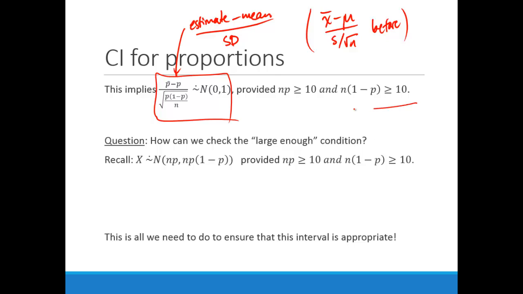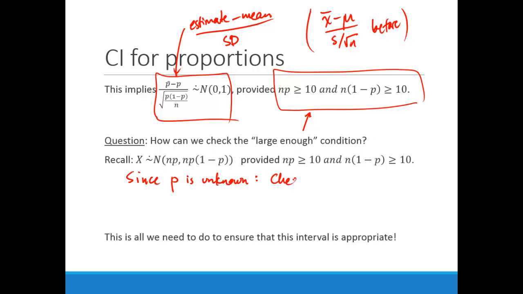So this is our large enough condition here. So how can I actually check that? Again, I don't know what p is, right? So how can I make sure that n times p is bigger than 10 and n times 1 minus p is bigger than 10? Since p is unknown, we just use our estimate of it.